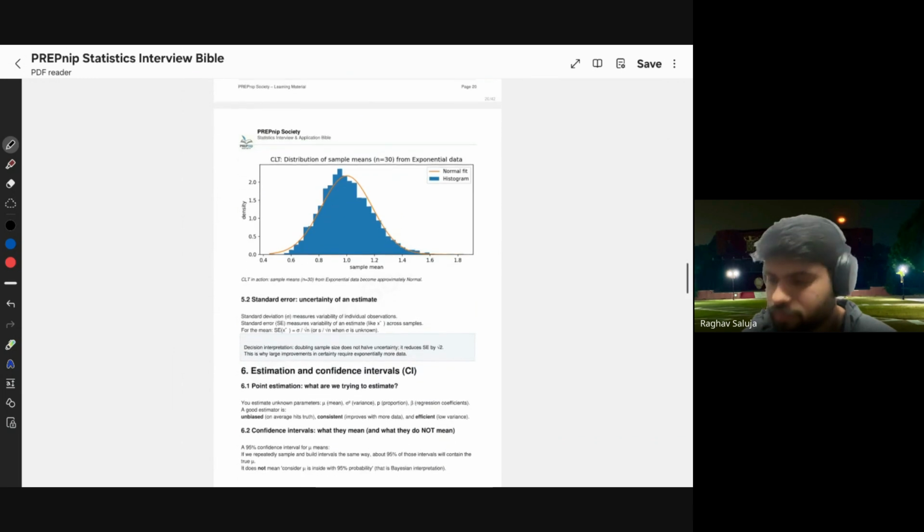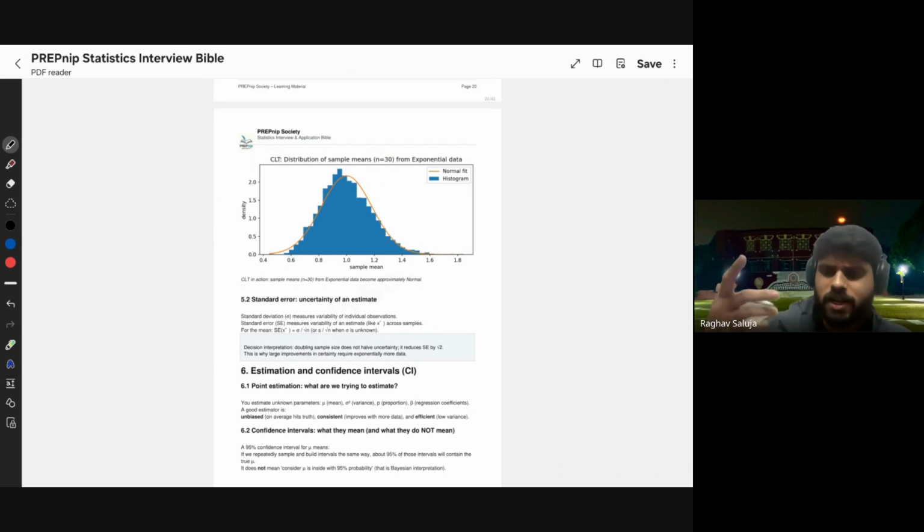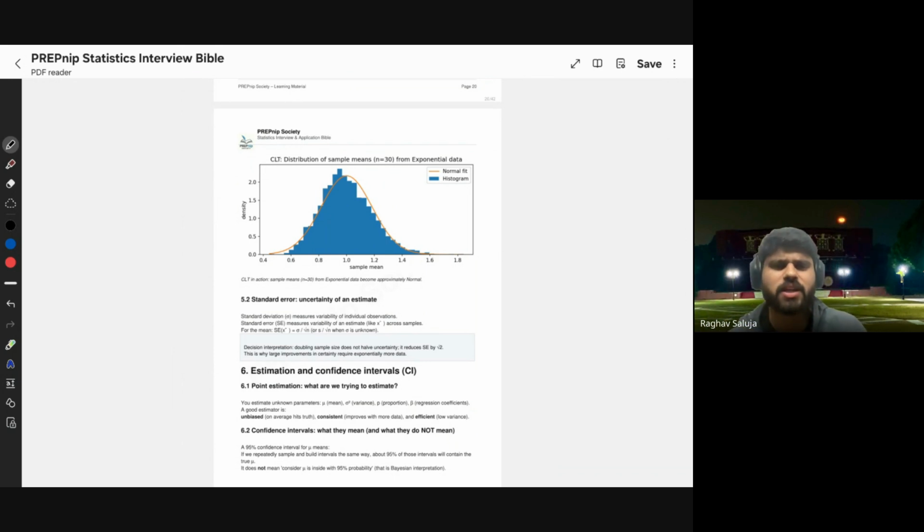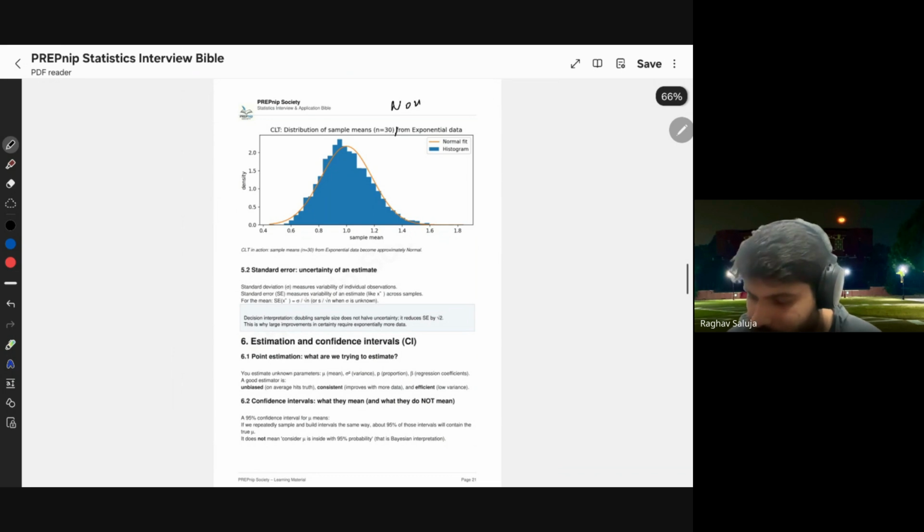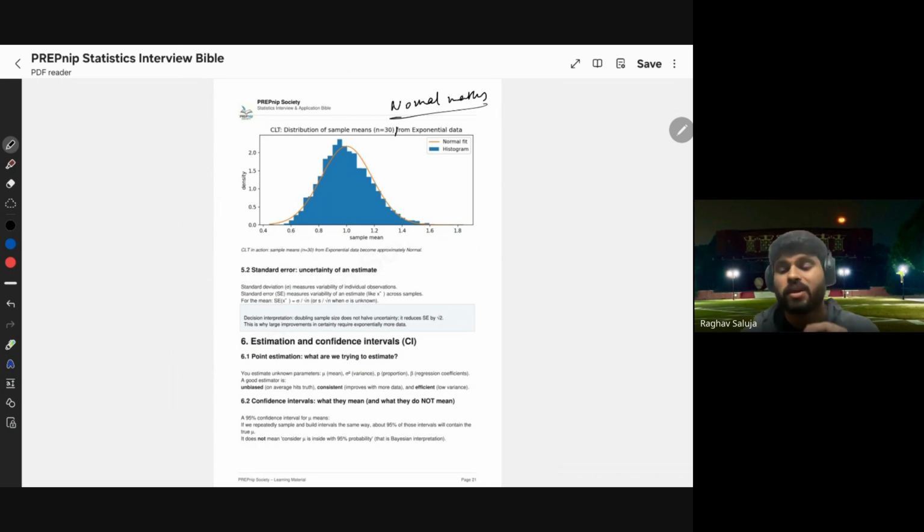The thing is, you have data, log normal data, let's say in real world, which is very clumsy, very ugly and skewed, and it's not a bell curve. तो तुम normal maths नहीं लगा पाओगे, right? Now, the thing is, इसका solution central limit theorem होता है.